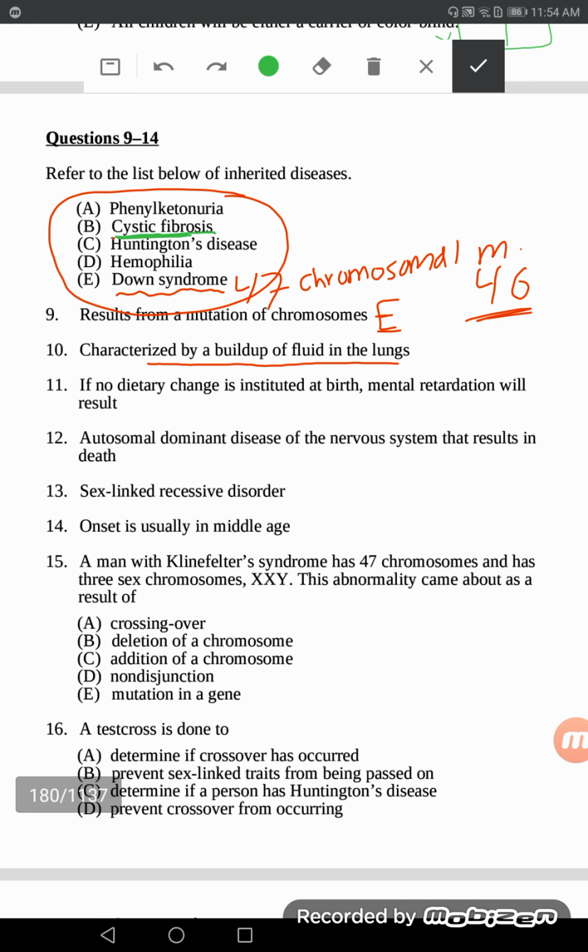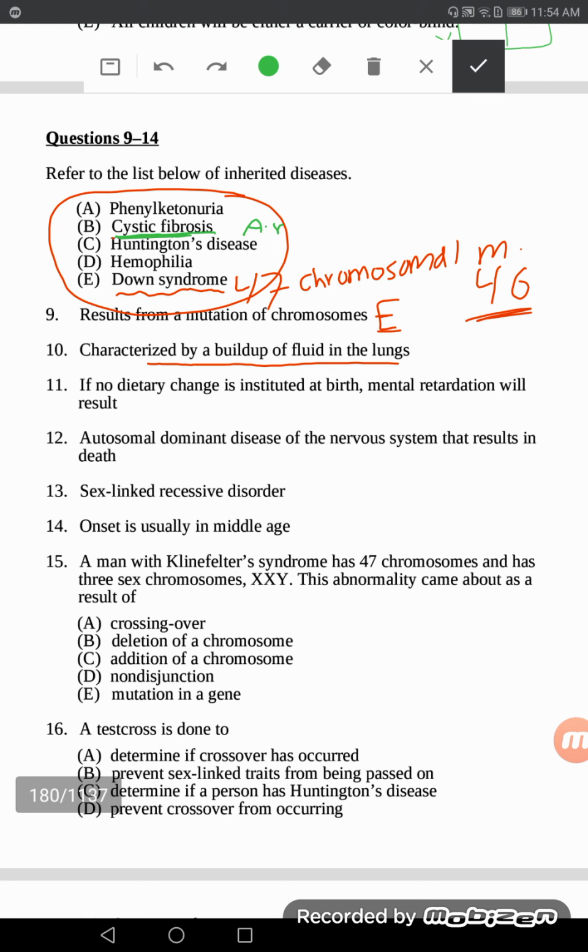We have to know that cystic fibrosis is an autosomal recessive disease. It's encoded by the autosomal chromosomes. Autosomes means the first 22 pairs of the chromosomes that we have, and we know what we mean by recessive.